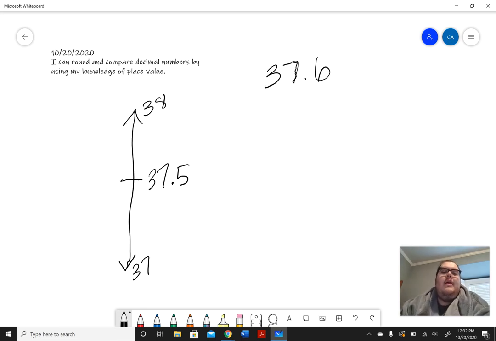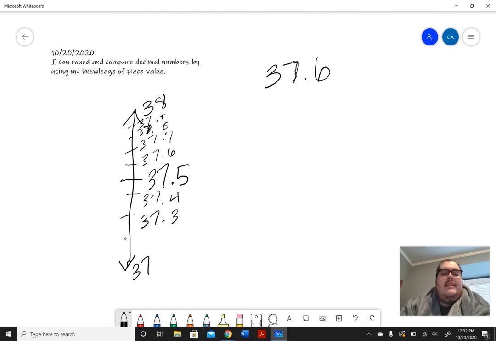Going up from there, we have 37 and 6 tenths, 37 and 7 tenths, 37 and 8 tenths, 37 and 9 tenths, then 38. Going down, we have 37 and 4 tenths, 37 and 3 tenths, 37 and 2 tenths, 37 and 1 tenth.